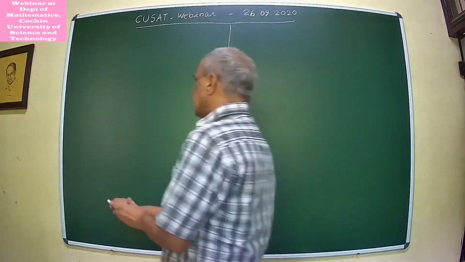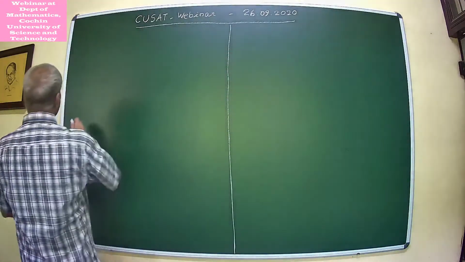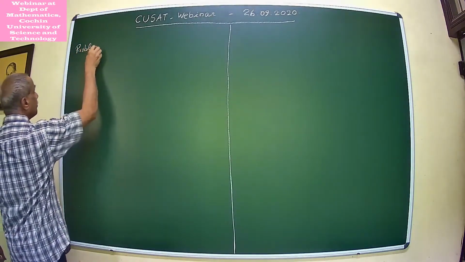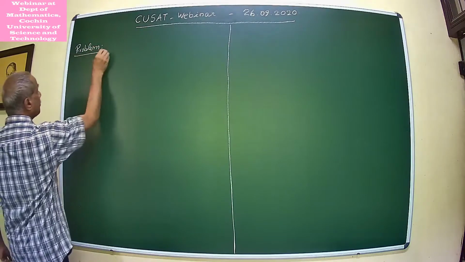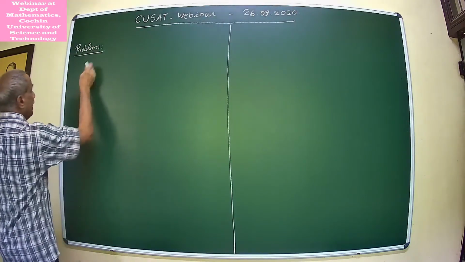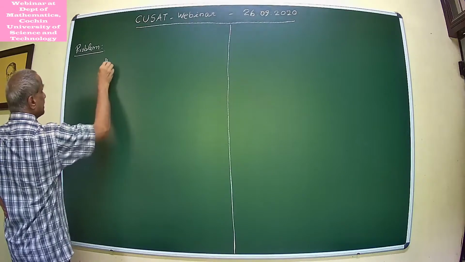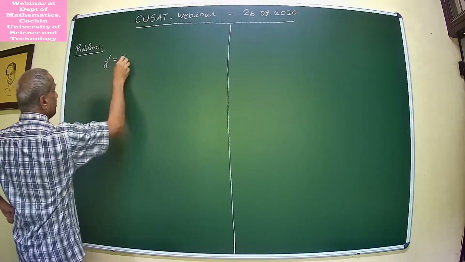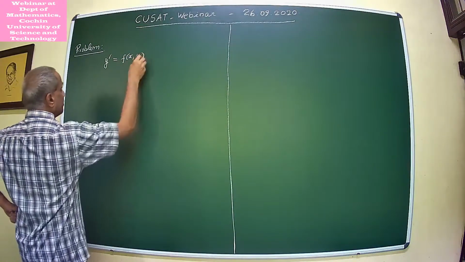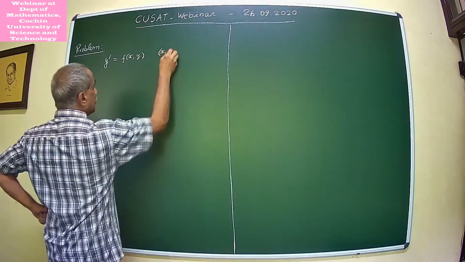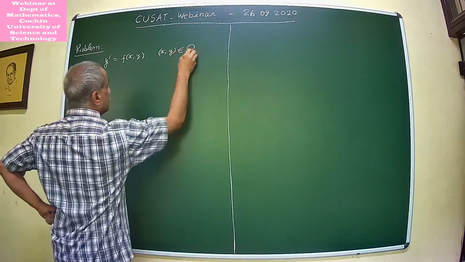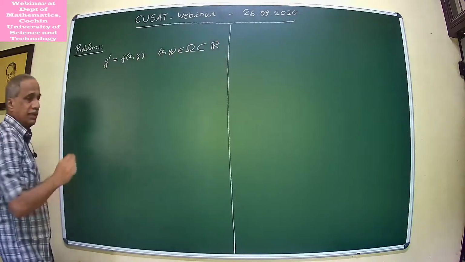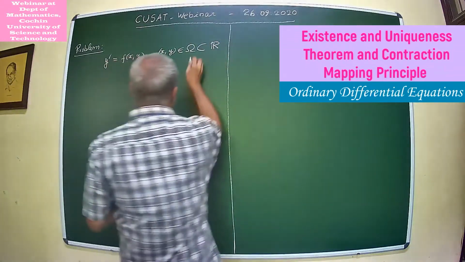Now let me first pose the problem. We look at this initial value problem, y dash equal to f of x, y, on some omega contained in R squared, where omega is assumed to be open connected.